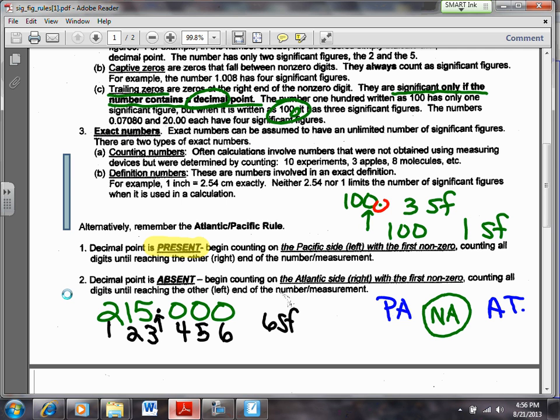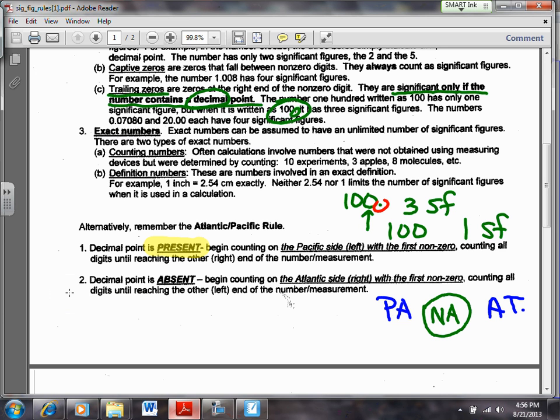Okay, so let's say you have a different number. Let's say I've got 0.0005261. Following the same rule, begin counting on the Pacific side.